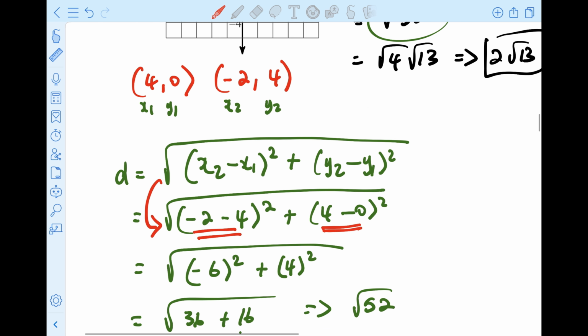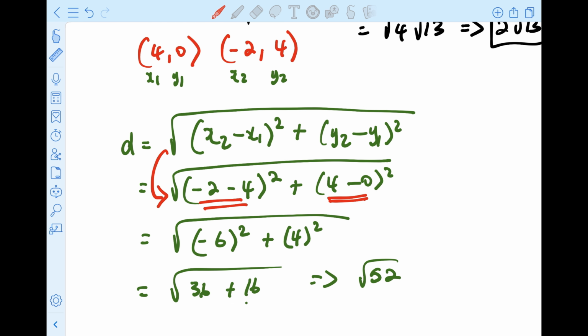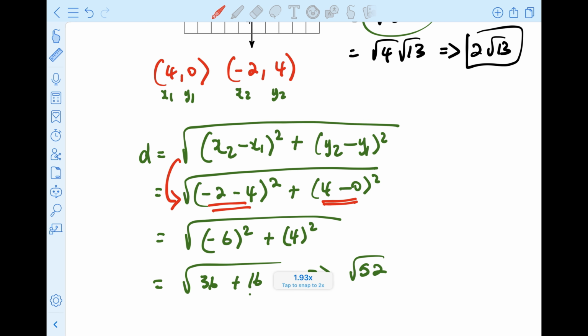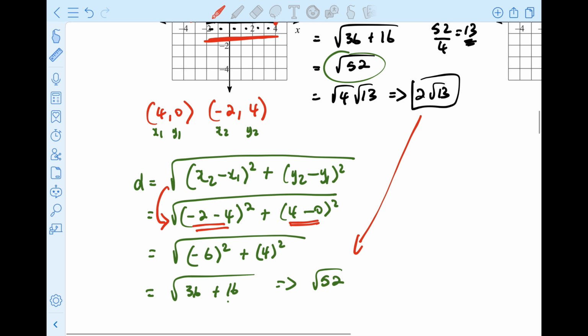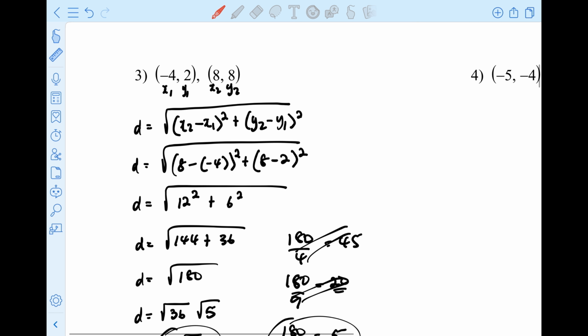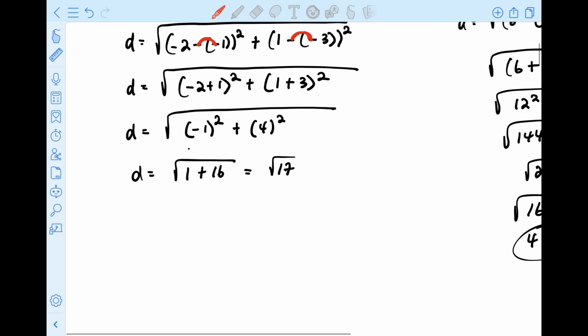Now, as we are looking at this, I just want you to remember that you need to simplify your radicals when you get that chance, unless you end up with a radical like the square root of 17, that you can't simplify any further.